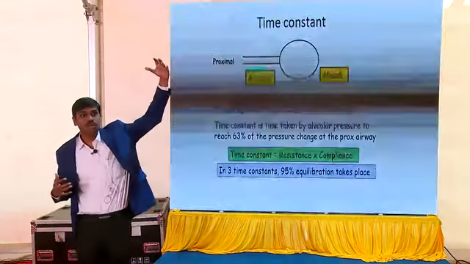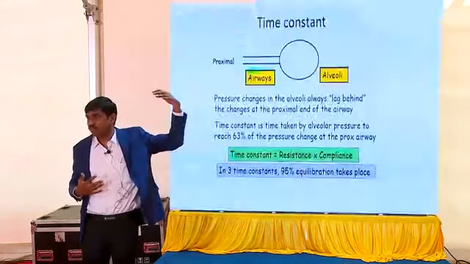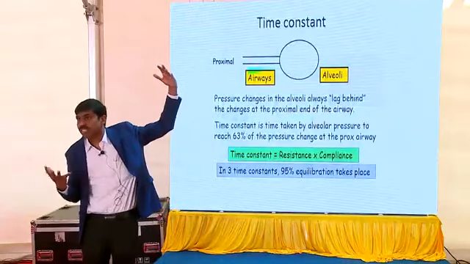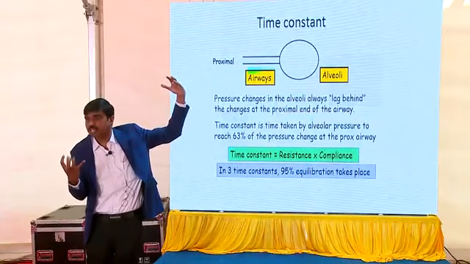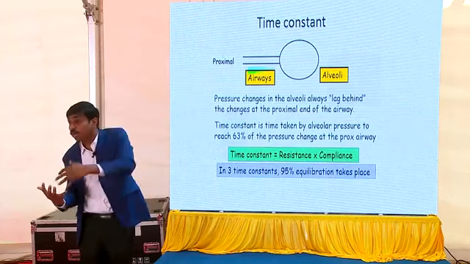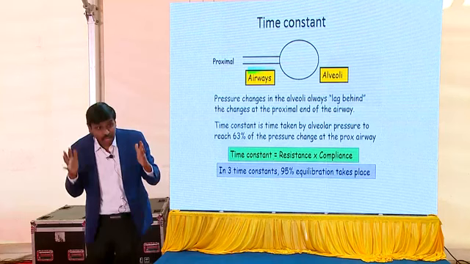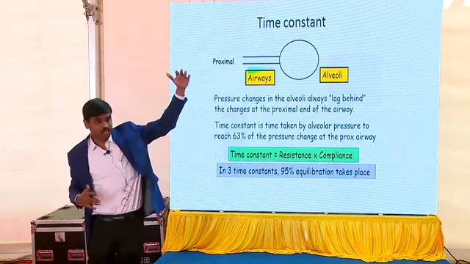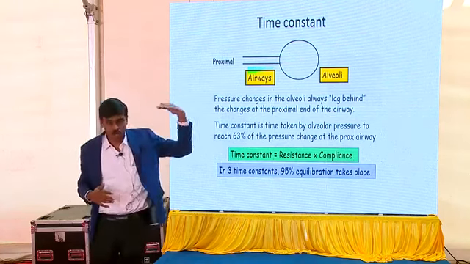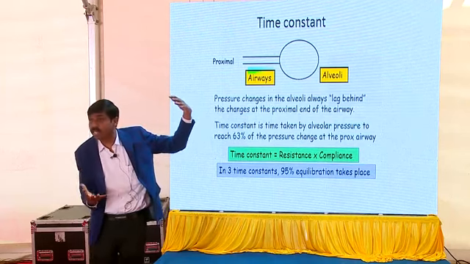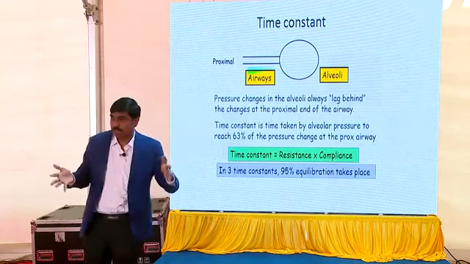Gas flows from high pressure to low pressure. To start with, the alveoli have a low pressure, so gas starts flowing from outside to inside, and then the pressure equalizes. The time needed to equalize the pressures from outside to the end alveoli is called time constant.